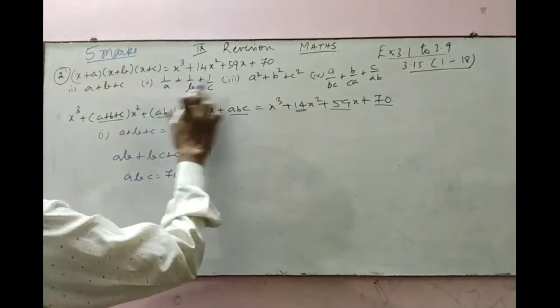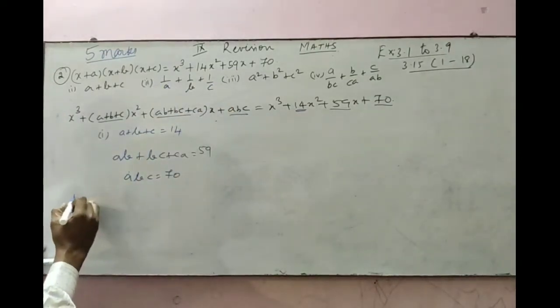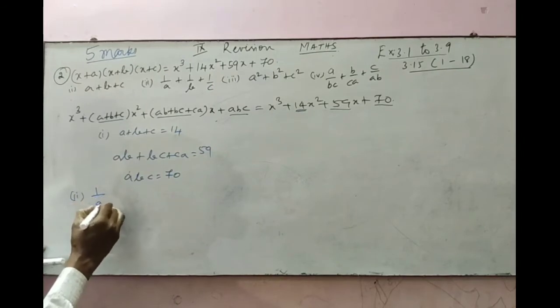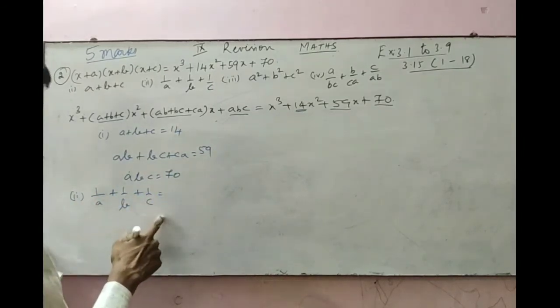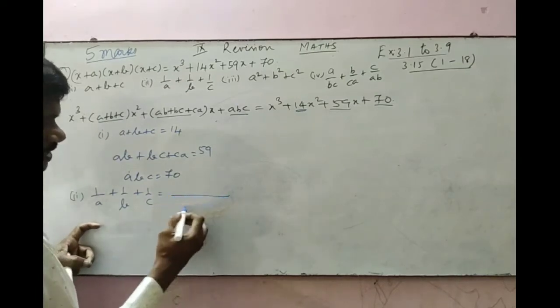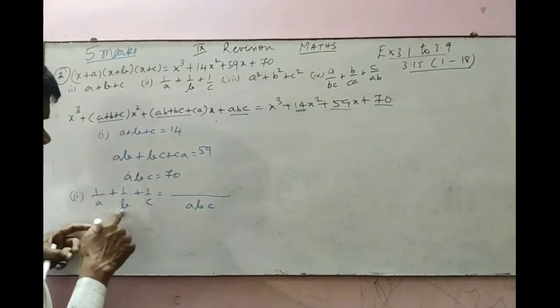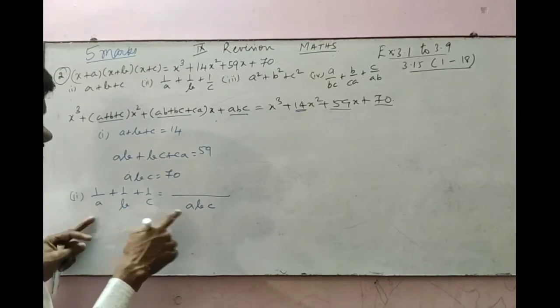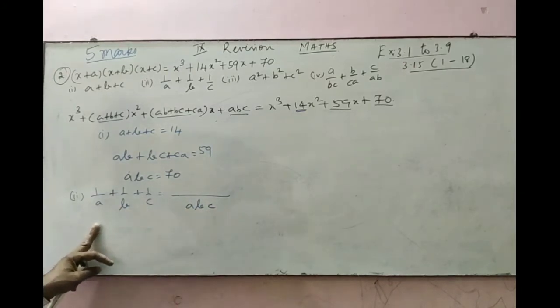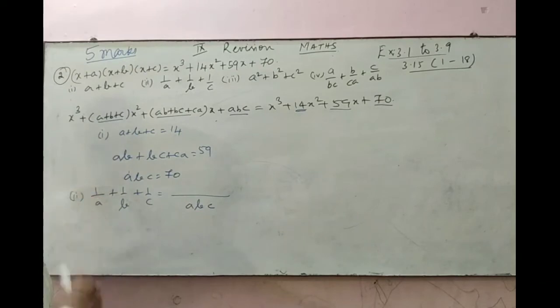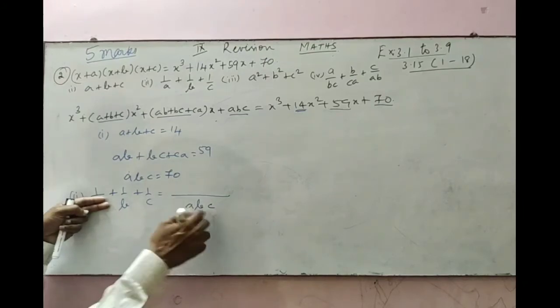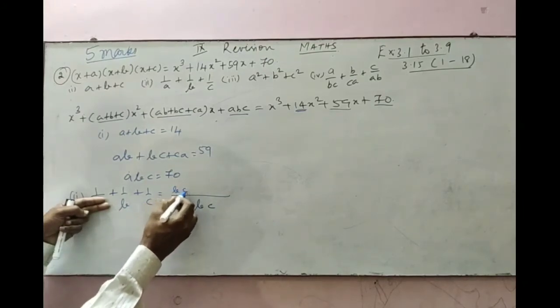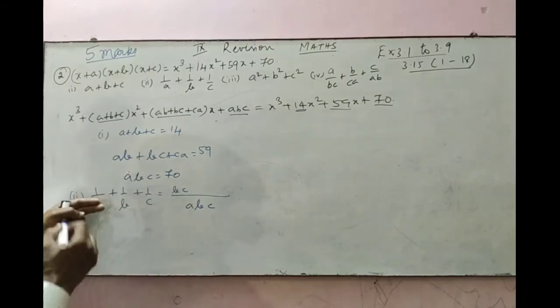Now I am going to find the second value, which is 1 by a plus 1 by b plus 1 by c. Here you have to take the LCM as abc, since a into b into c is the LCM of these three terms. To get the numerator, here a is in the denominator and the remaining two terms b and c are not there, so I multiply b and c in the numerator.